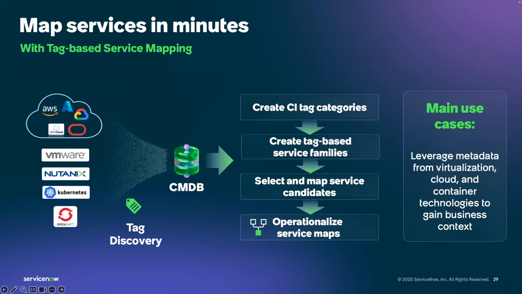So you need to normalize those, and we do that with tag categories. The environment key may be ENV or environment spelled out, right? So by associating those different iterations of those keys to a tag category, we can normalize those and then relate those two tag categories together, application and environment, and create a tag-based service family.